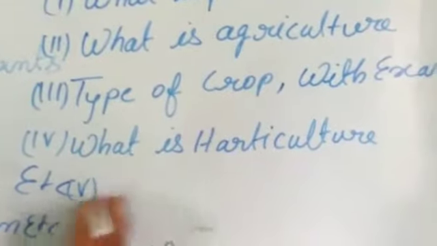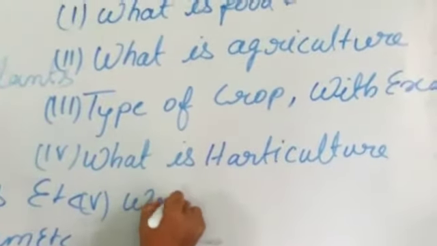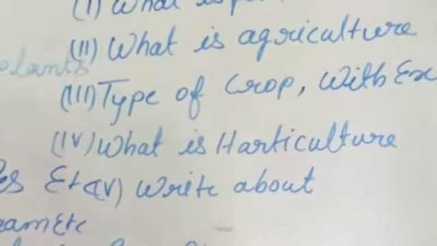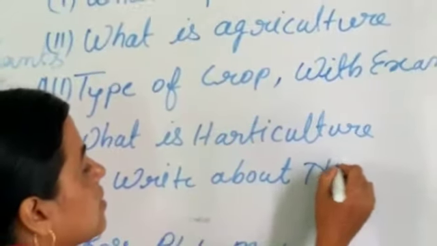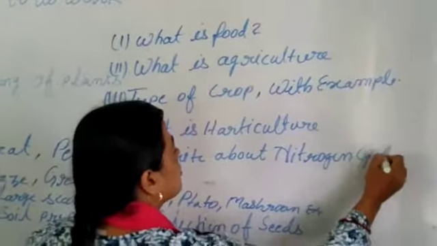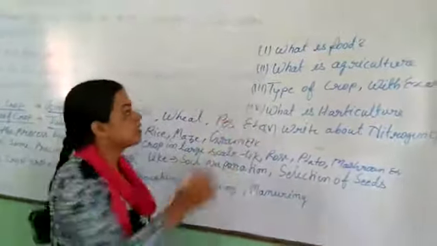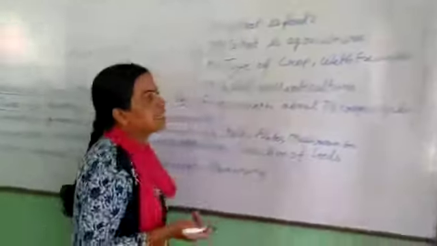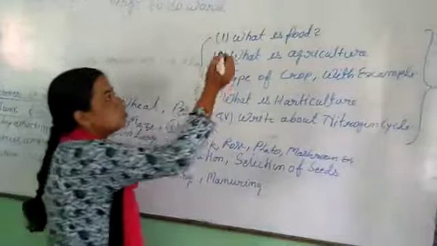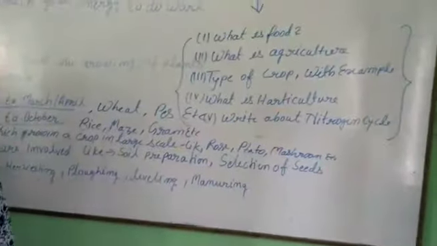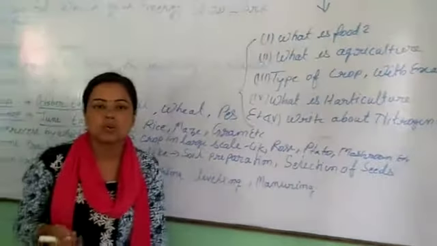Fifth is write about the nitrogen cycle. These five most important questions are in this chapter, and you have to do this at your home.